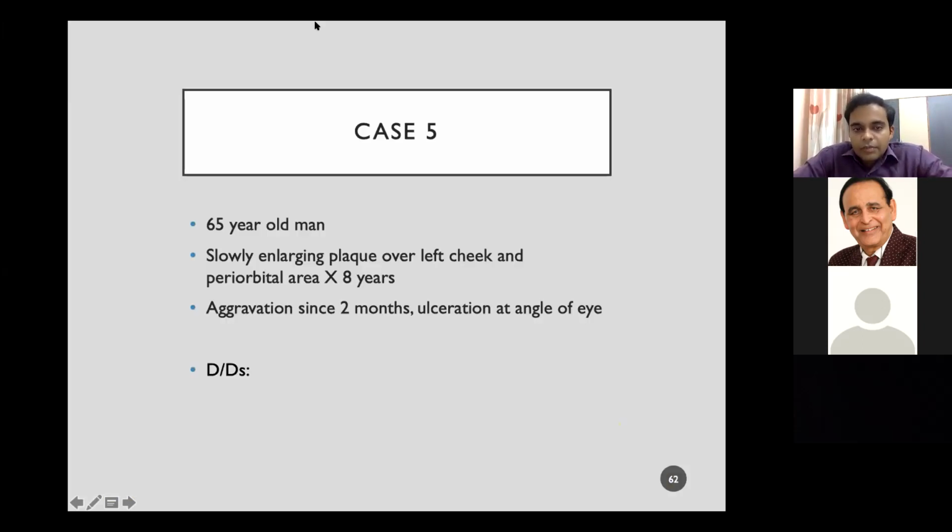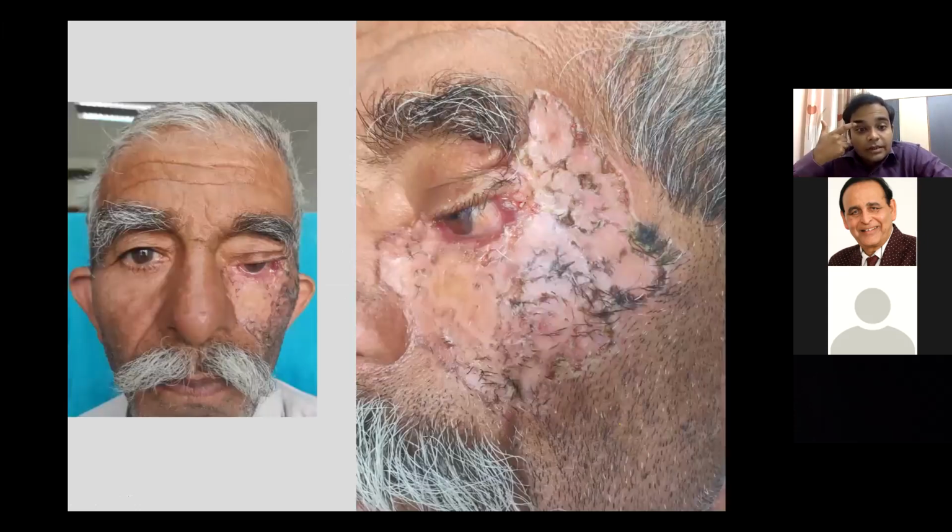Case 5. Again, an elderly gentleman, with a slowly enlarging plaque over the left cheek and periorbital area for the last 8 years. He had aggravation since 2 months and ulceration at the angle of the eye. When we saw this case, the eye deformity was very apparent. There was some eyelid damage also.